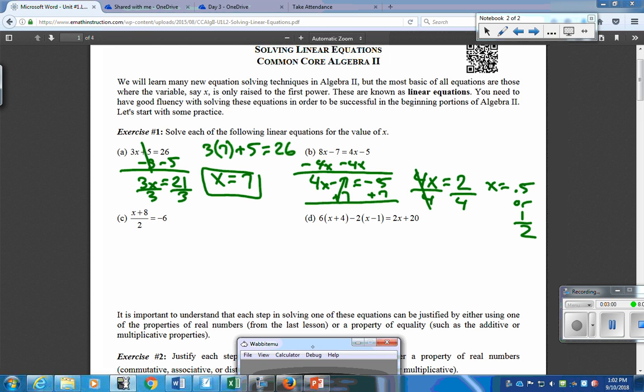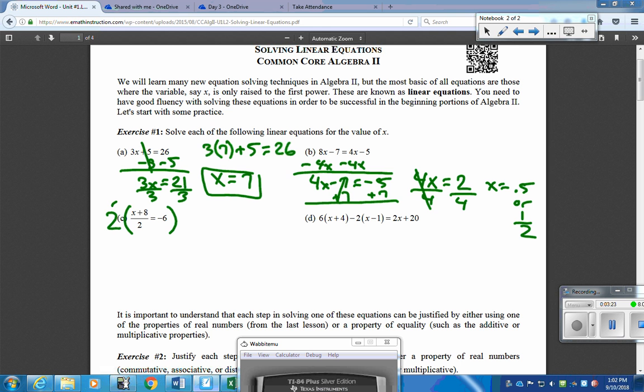So now for C, we have a fraction, and it's always important, if you want to get rid of the fractions, you can. You could set a proportion for this and cross multiply. But when it comes down to it, to get rid of a divided by 2, you would have to multiply everything by 2. So it's kind of like we're distributing.